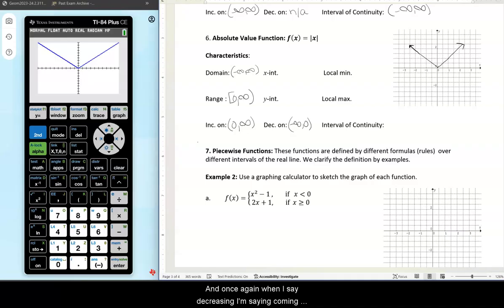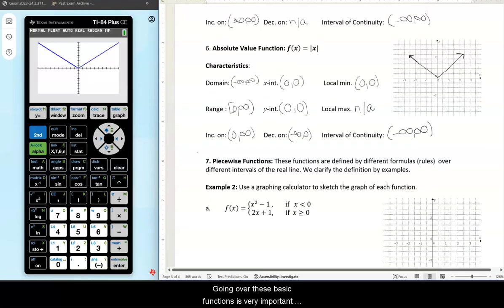And once again, when I say decreasing, I'm saying coming in from the left-hand side, the function is going down. X-intercepts at the origin, Y-intercepts at the origin. It does have a local min right there, and it fits our definition or our description of a local min very nicely. It does not have a local max, and it's continuous across everything.